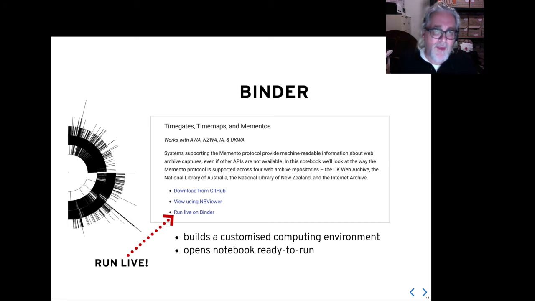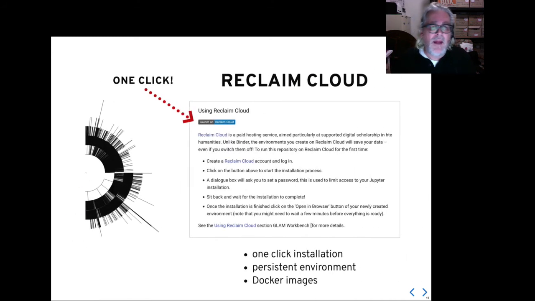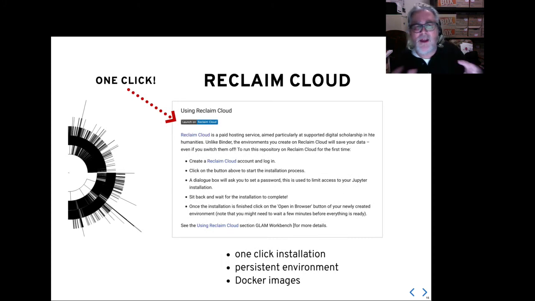But there's a problem with that, and that is that Binder has limits, and if you're harvesting a lot of data, you're going to strike some of those limits. So I've spent a lot of time recently developing the next step beyond Binder. And I'm pleased to say now that I've got integration with Reclaim Cloud. Reclaim Cloud is a paid hosting service, but it's very much focused on the needs of digital humanities researchers.